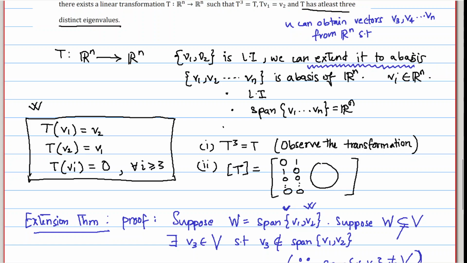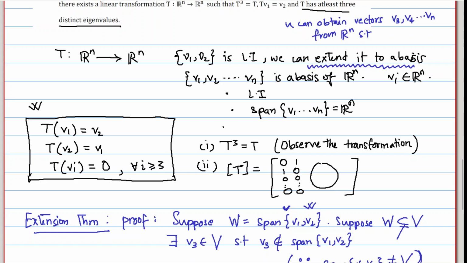So now what can we say about eigenvalues? If you solve for the characteristic polynomial, what would you get?